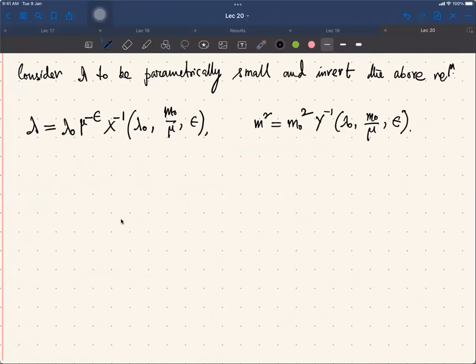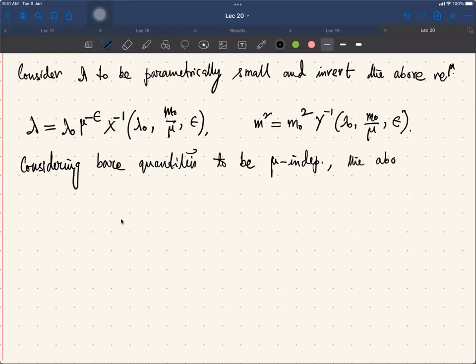Now, considering bare quantities to be mu independent, the above relations show that lambda and m square have implicit dependence on mu.